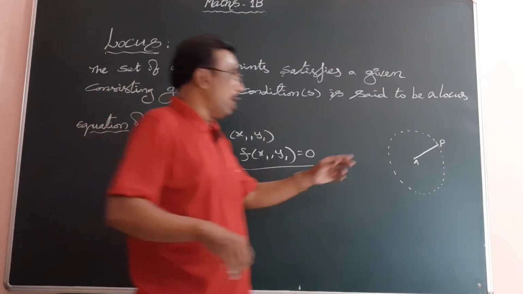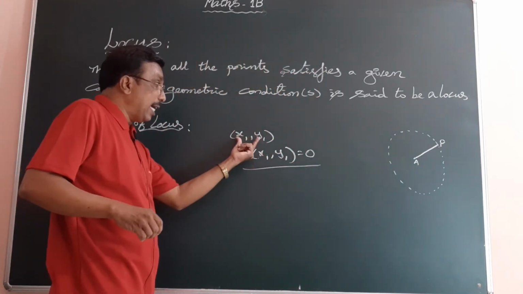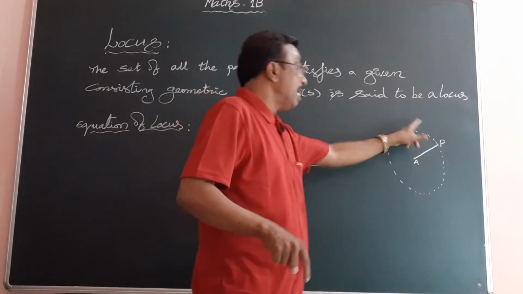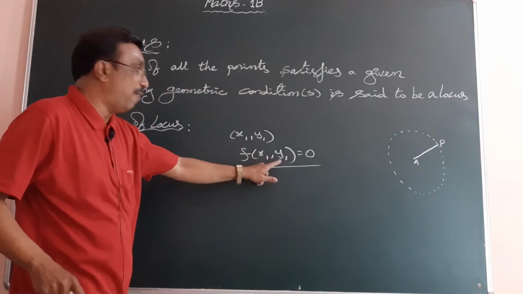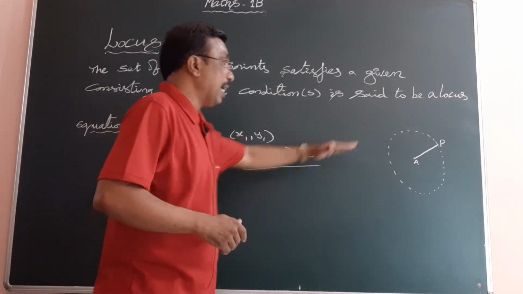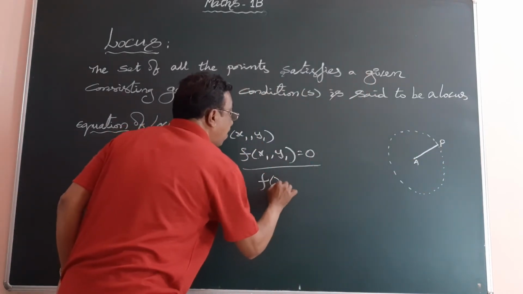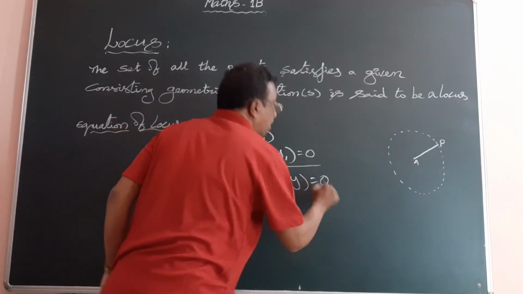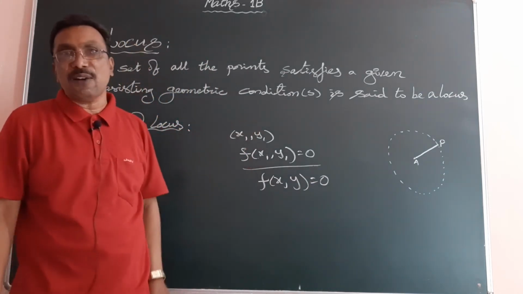Okay. So, if every point x1, y1 in a locus satisfies the condition f of x1, y1 equal to 0, then the equation of this locus is f of x comma y equal to 0. This is the equation of locus.